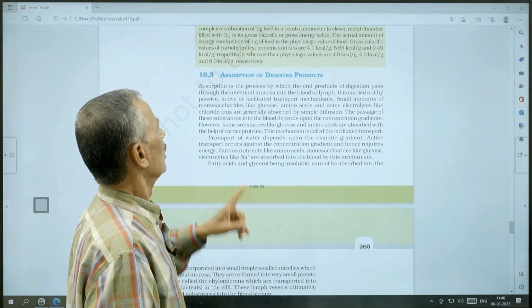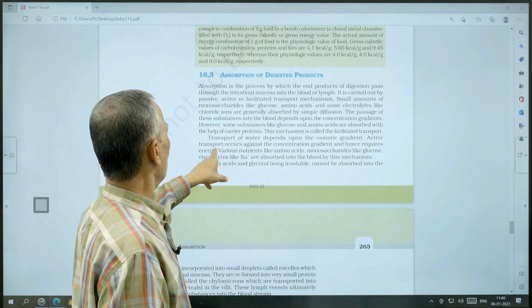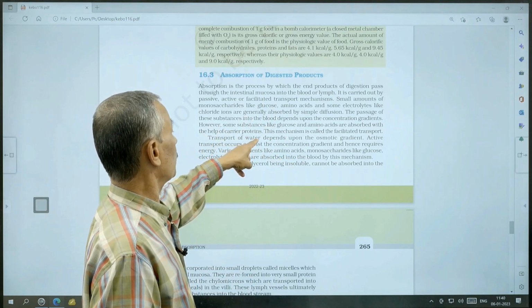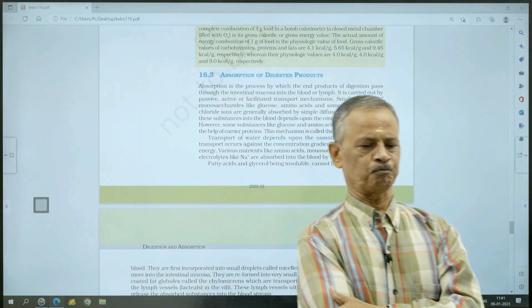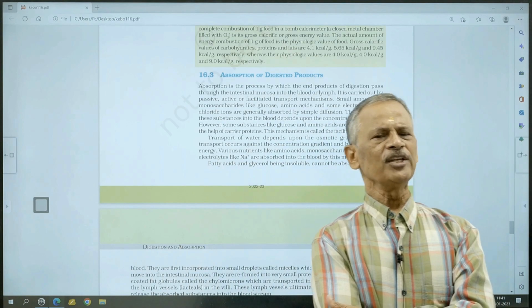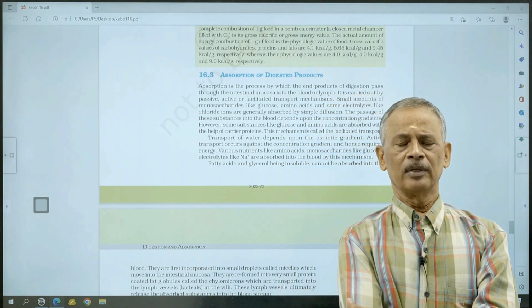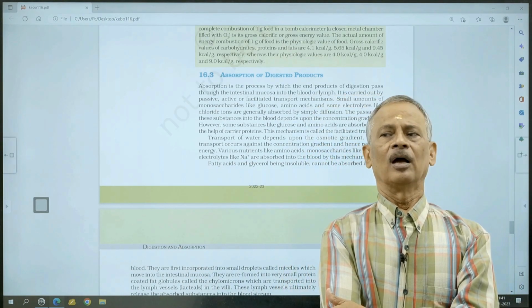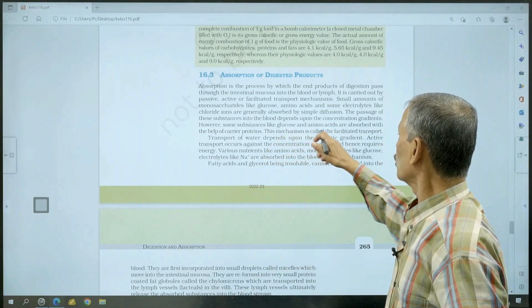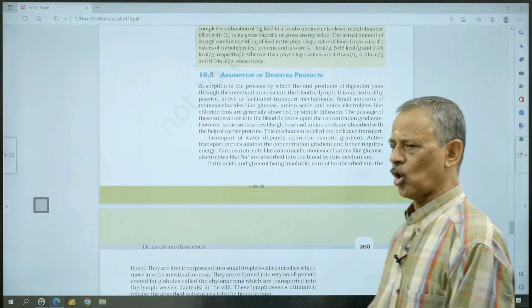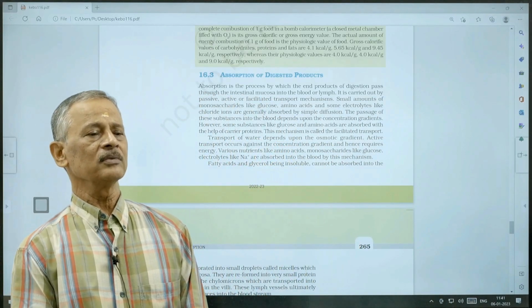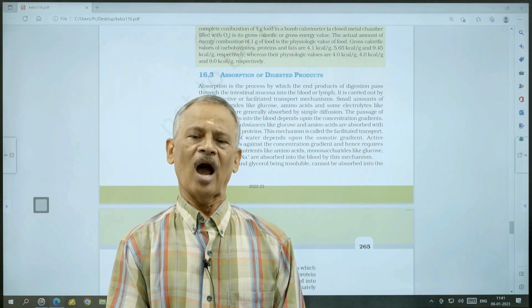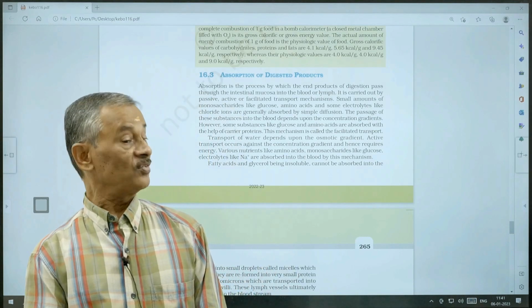Whereas glucose and amino acids are absorbed with the help of carrier proteins, which is called facilitated diffusion. Facilitated diffusion is diffusion along a gradient. Glucose and amino acids are absorbed this way, and fructose is also transported by facilitated diffusion.